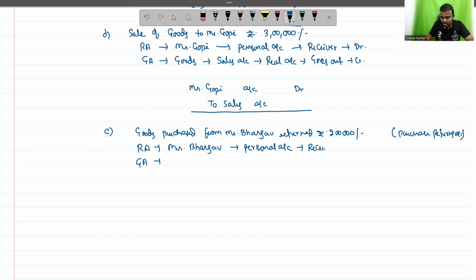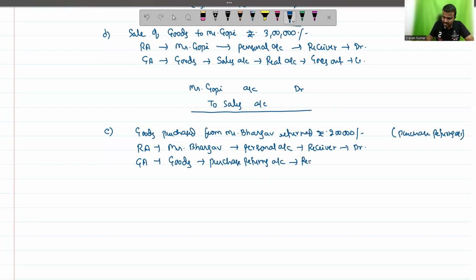Here Bhargav is the receiver, his account is debited. And coming to the giving aspect, here we are returning goods. So in case of goods returned to the supplier, we have to use the word purchase returns account.